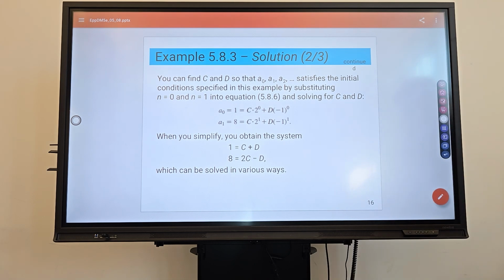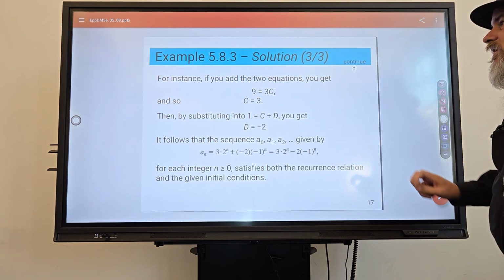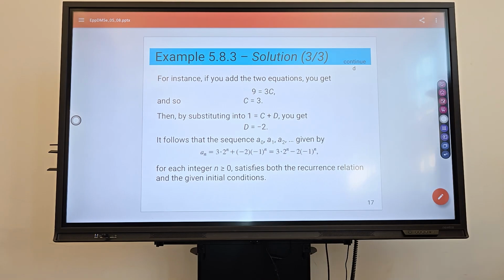So you can find C and D so that the sequence A satisfies the initial conditions specified in this example by substituting n equals 0 and n equals 1 into the equation and solving for C and D. When you simplify, you obtain the system 1 equals C plus D and 8 equals 2C minus D, which can be solved in various ways. For instance, you can add the two equations. You get 9 equals 3C and C equals 3, and then substitute.